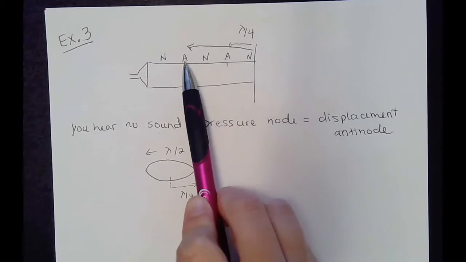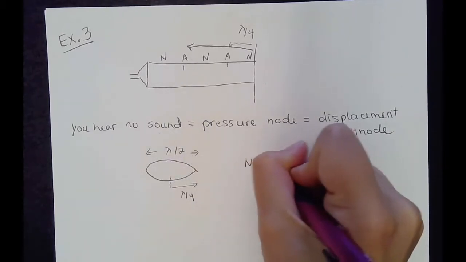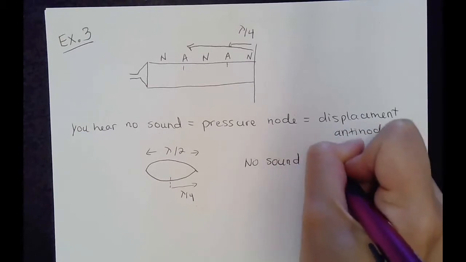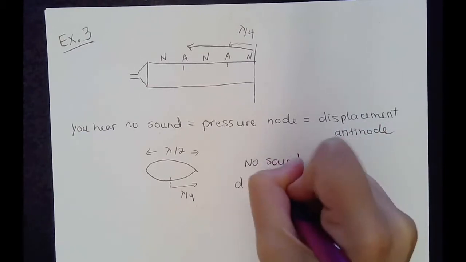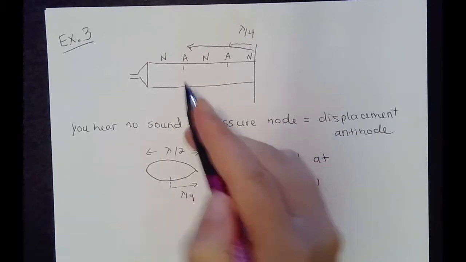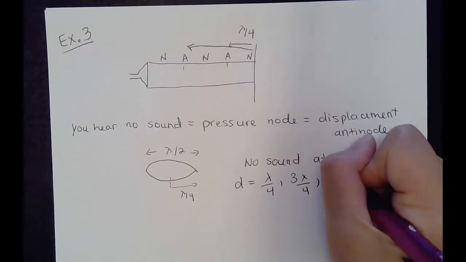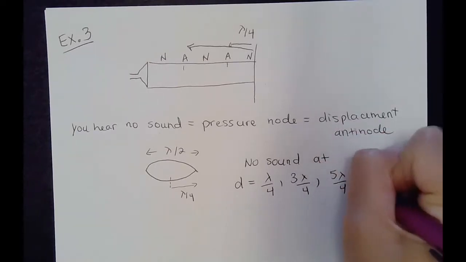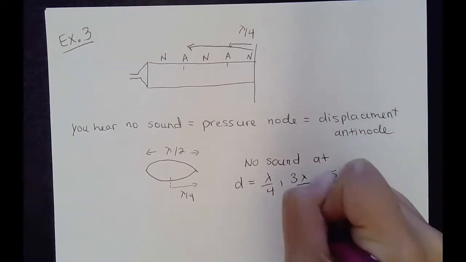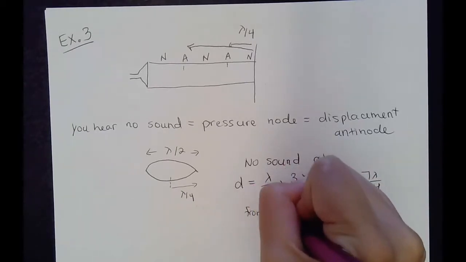So that means no sound will be heard at D equals lambda over 4, 3 lambda over 4, and we could keep going to get to any further antinodes: 5 lambda over 4, 7 lambda over 4, and these are all distances from the wall.